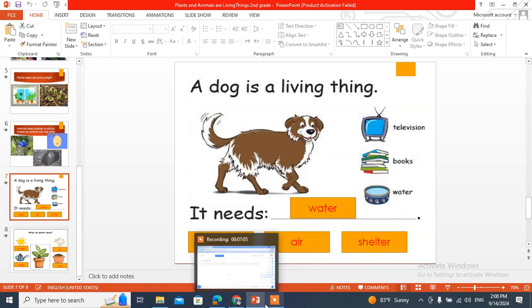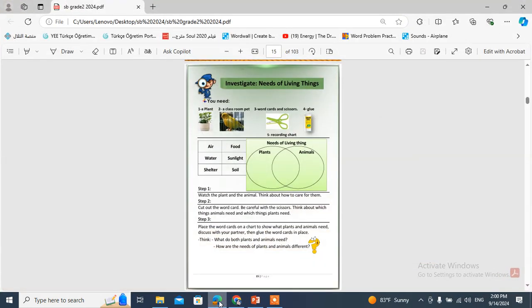Bismillah. Now, this investigation, we already did that in the classroom. I didn't bring a pet, I brought some insects. Plants need water, air, food. Now, water, air, food, I'm going to put them in the common area here because animals and plants need air, food, and water.